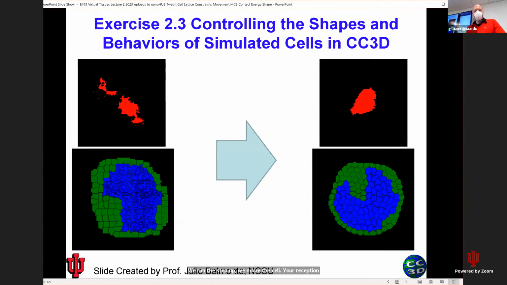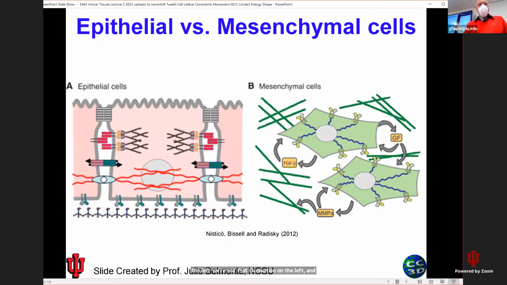Okay, so now let's actually do some coding. And we're going to start out by trying to understand how to control cell shapes and behaviors based on this simple differentiation that we've seen here between cells that have too much fluctuation on the left or not enough fluctuation on the left and cells that are behaving like cells on the right. We're going to be thinking about this in the context of biology and the difference between epithelial cells and mesenchymal cells.